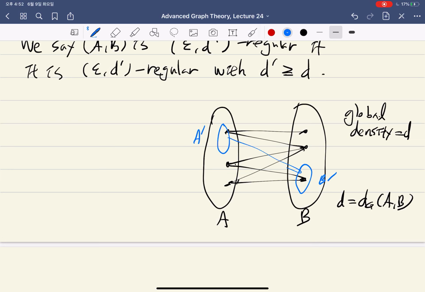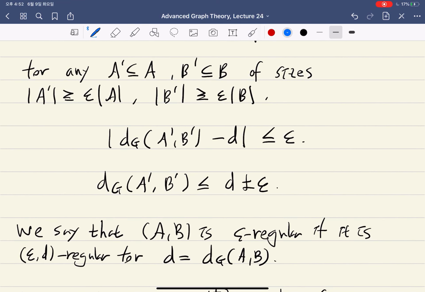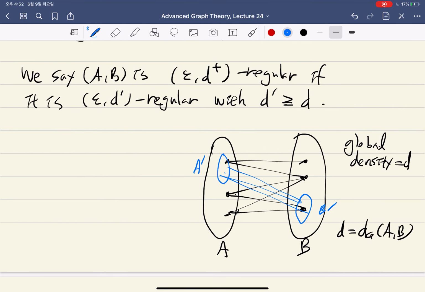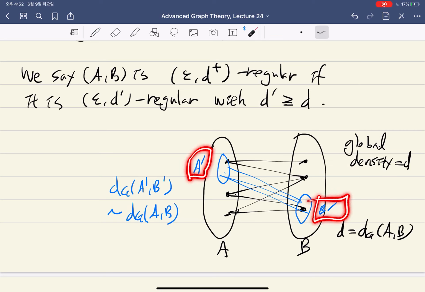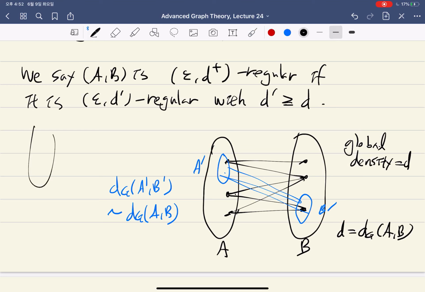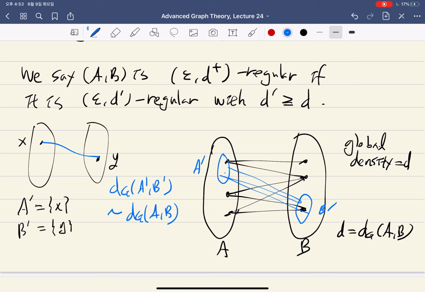The local density is measured by counting the number of edges between them and dividing by the size of A prime times the size of B prime. That local density of A prime and B prime is also close to the global density, as long as they are not too small. Of course, if A prime and B prime are just a pair of single vertices, then the density between them is either 0 or 1.